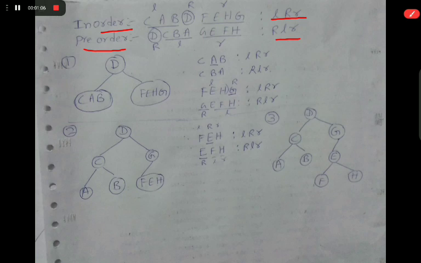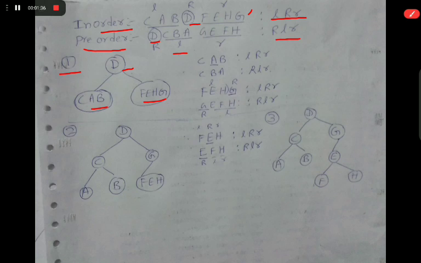So here the root is D, and the left nodes are CBA and right nodes are FEHG. Right. So here the sequence will vary, so we have to arrange that in a particular sequence based on the left, root and right node. So here the first step: D is the root node with the left subtree CAB and right subtree FEHG. Next.